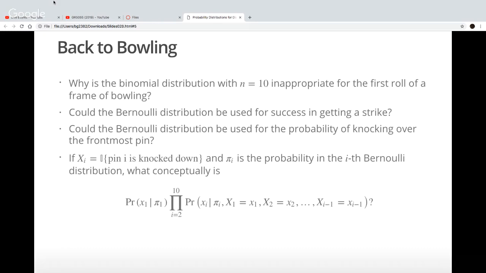And that would be a really complicated thing to say, like, what is the probability that the 10th pin gets knocked down, given that the 9th was and the 8th wasn't and the 4th was and the 3rd wasn't, all these sorts of things. But that would be the way to do it right if you were using Bernoulli distributions, rather than saying like all these pins are independent of each other and they have the same probability of getting knocked down.